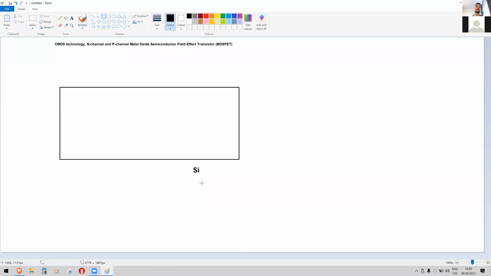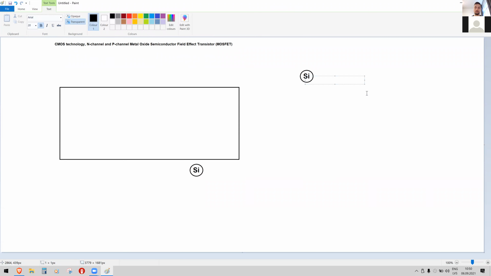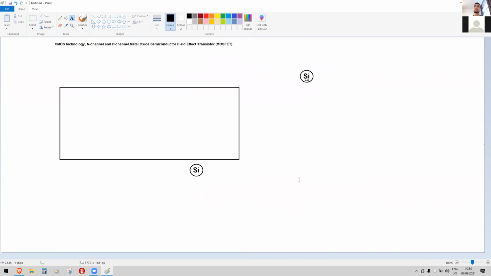If we would have a silicon atom, I'll copy this thing. So silicon has 4 electrons in its outer shell, so I'll write +4 inside.